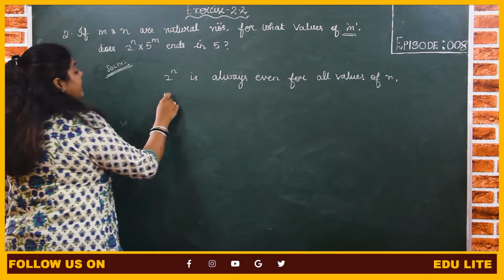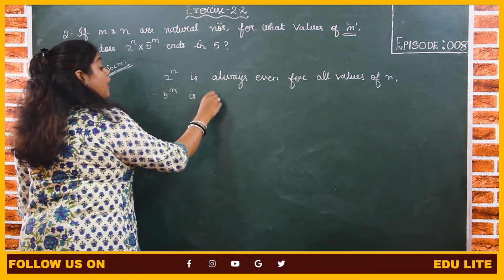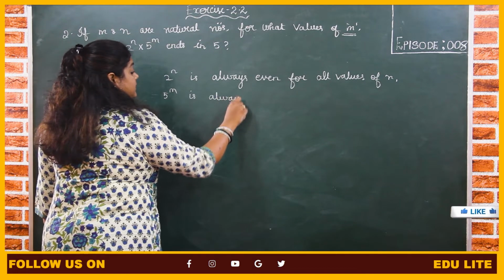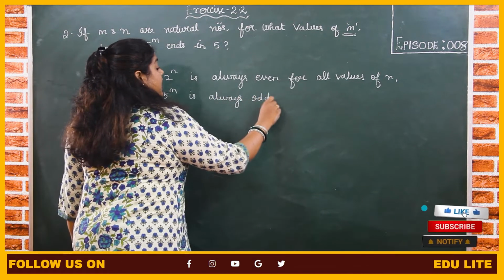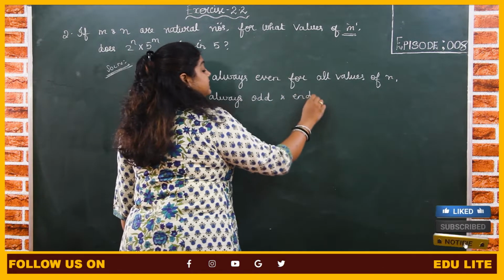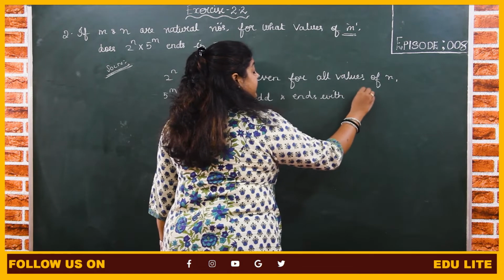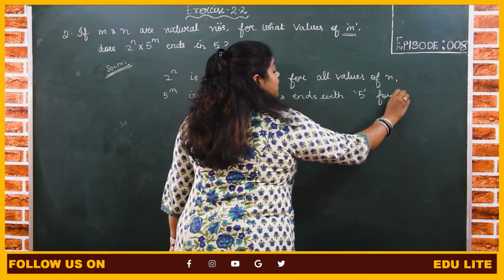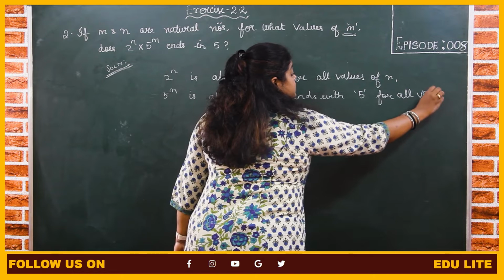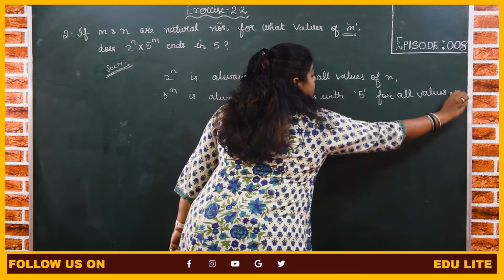Next, 5 power m is always odd and ends with 5 for all values of m.